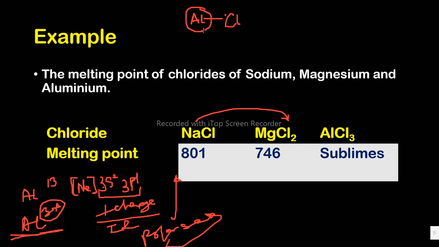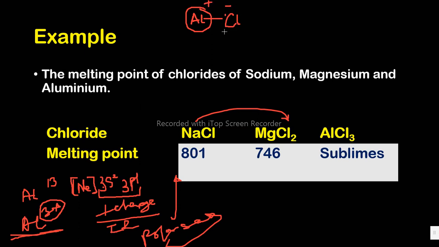Remember, ionic bonds are formed when the metal loses electrons, and the electrons are received by a non-metal to form a negatively charged ion. When you lose electrons, you form a positively charged ion. So after chlorine has received the electrons, they attract each other, this one being positively charged and this one negatively charged.